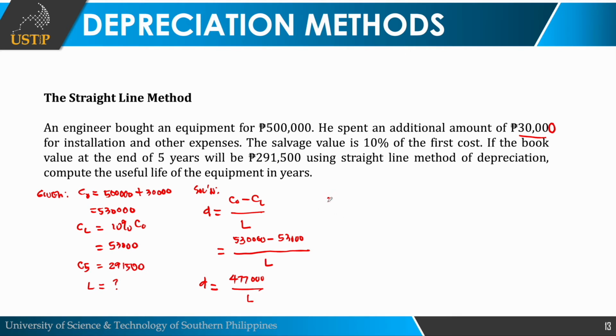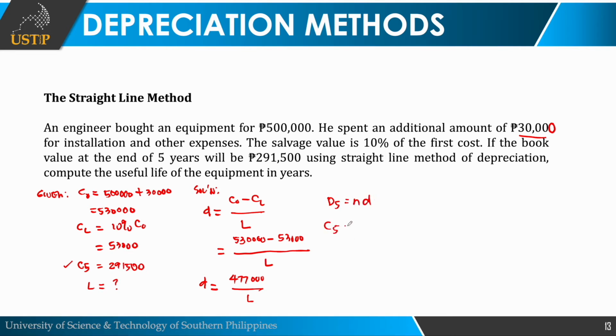Carry na nato, class. Okay, pause ta gamay, analyze na to gamay. In order to get the value of L, unsa man kaha ang need nato? We are given C5, C sub 5. Okay? So that means ang D sub 5 nato, class, is N times D man no? Okay?